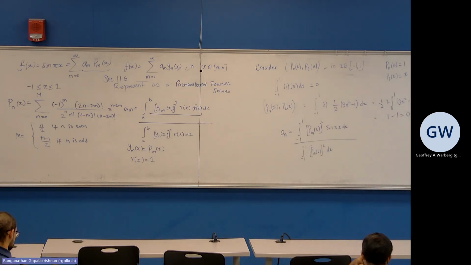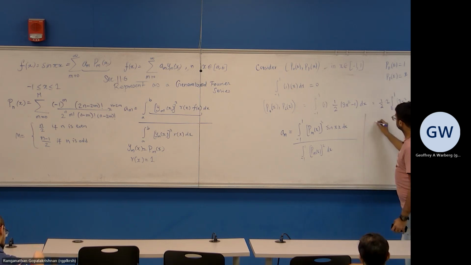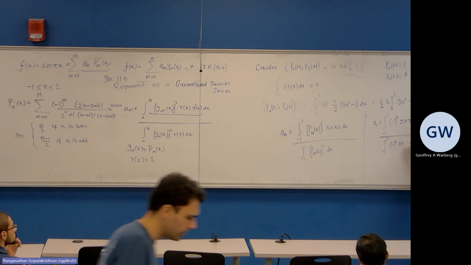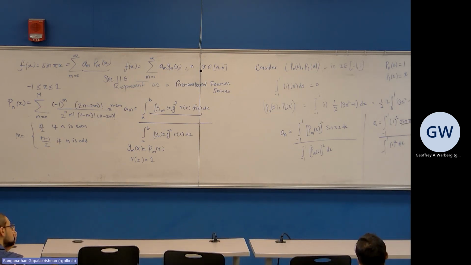I would say specific values. Okay, so what is A0? The integral from -1 to 1 of P0 of x squared sine pi x dx divided by the integral from -1 to 1 of P0 squared dx. This is an odd function, so this is 0.